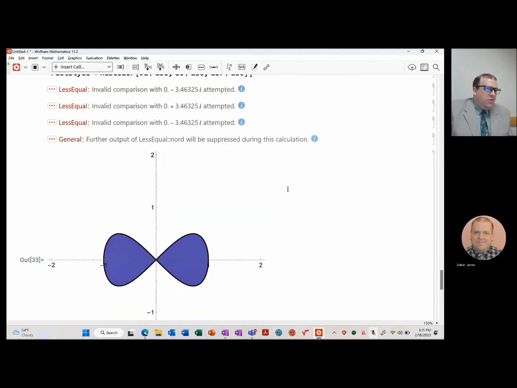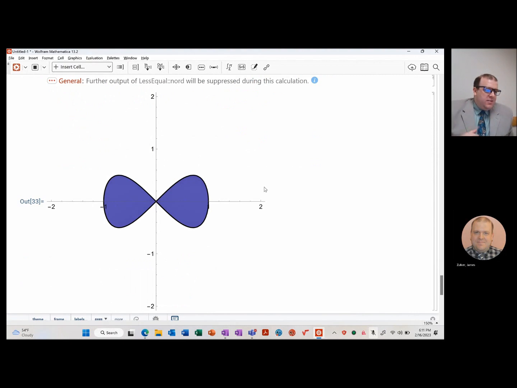Crap, it just gave me errors. That's fine. It still shaded it for me. That's all I care about.